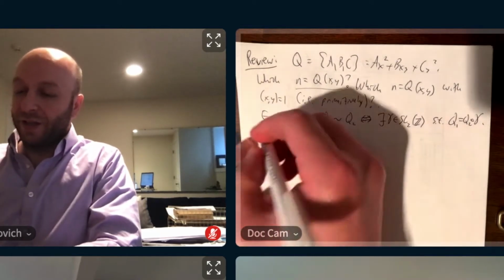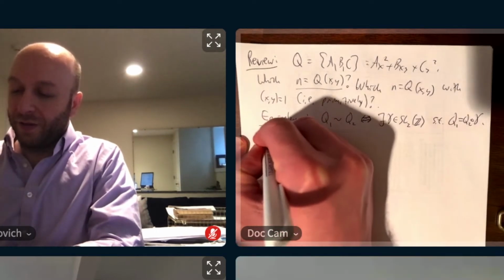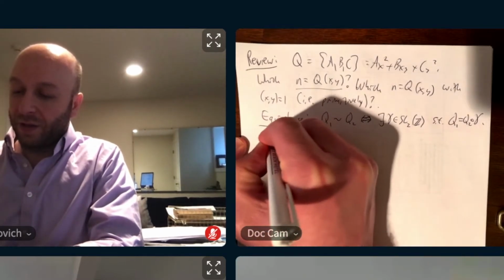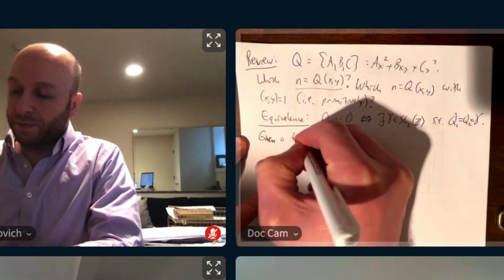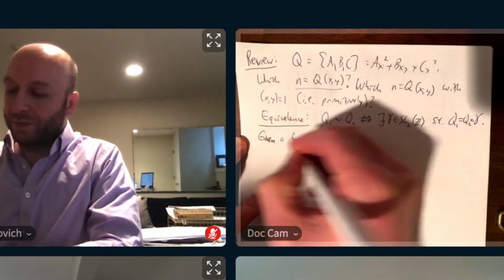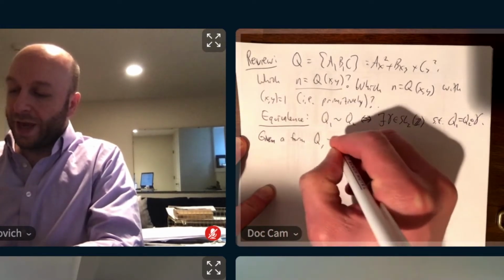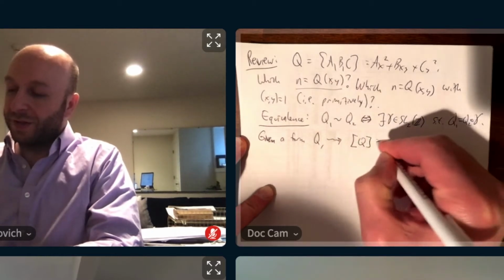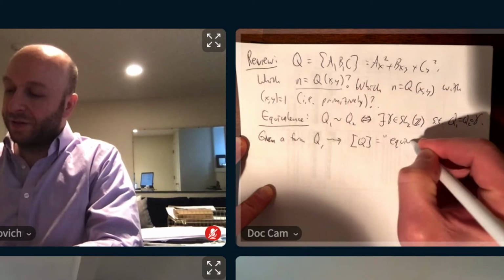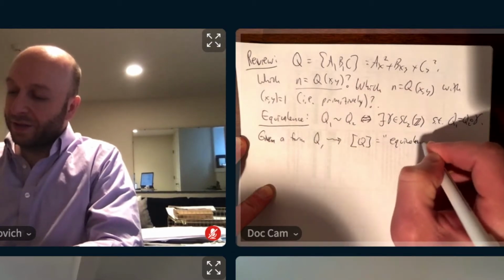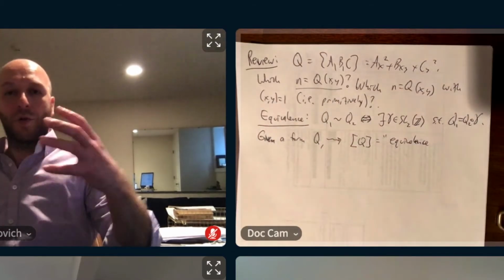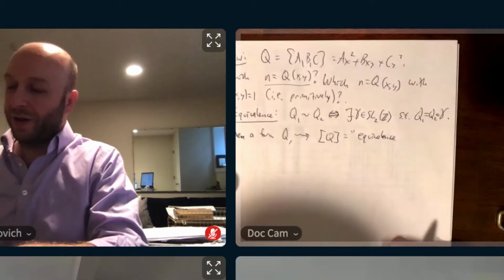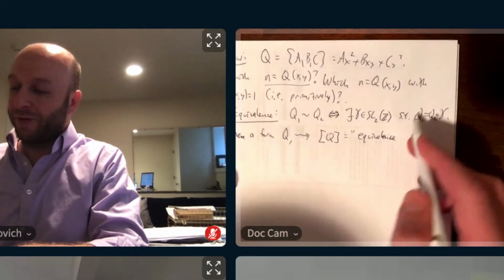Great. So, given a form Q, we get the equivalence class of Q. In other words, just group all quadratic forms by this equivalence, up to equivalence.